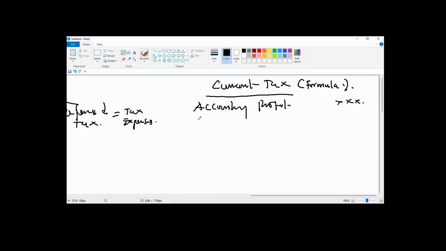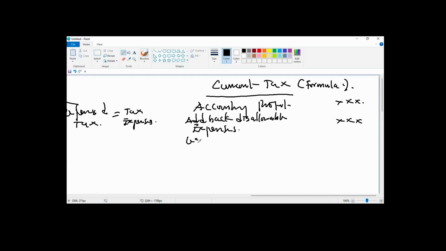Therefore, I will now add back all disallowable expenses, such as depreciation, donation to political party, provisions, and so on. I will add back.